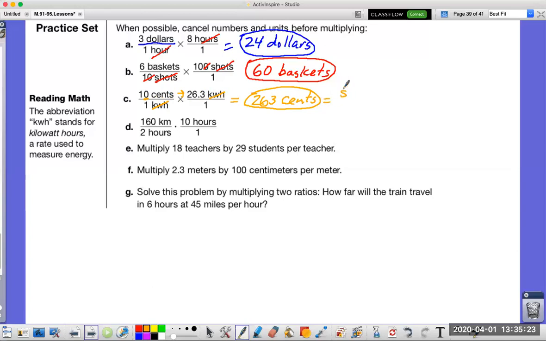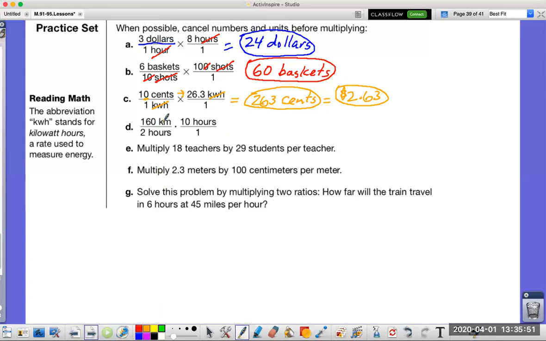Also, if you want to, we're used to writing it like this, $2.63 is what 263 cents is. So this would be the most ideal version of what we use in America. This is obviously correct too, but you want to get a better answer than that. I suppose it'd be $2.63.